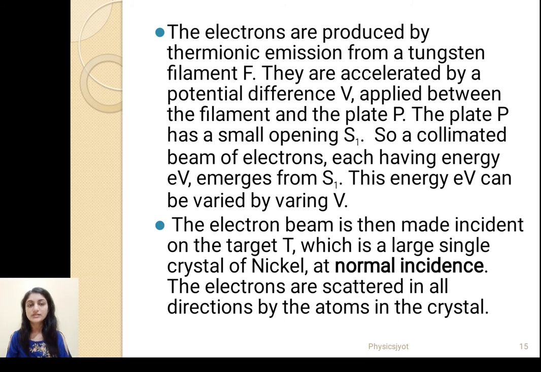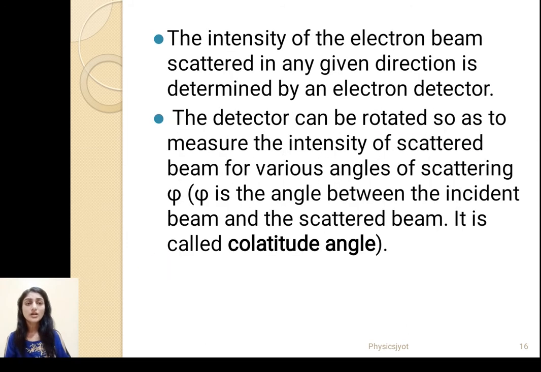At normal incidence, the electrons are scattered in all directions by the atoms of the crystal. The intensity of the electron beam scattered in any given direction is determined by an electron detector. The detector can be rotated so as to measure the intensity of the scattered beam for various angles of scattering, phi.